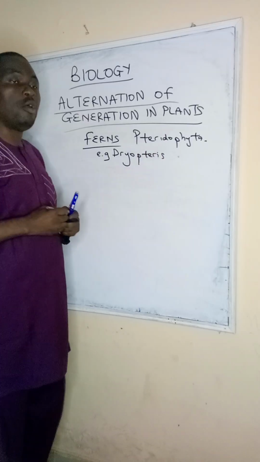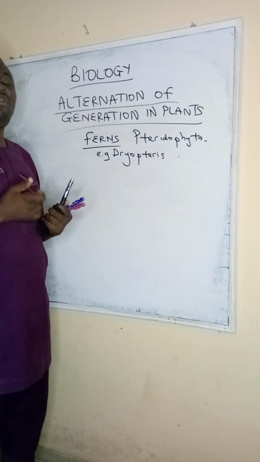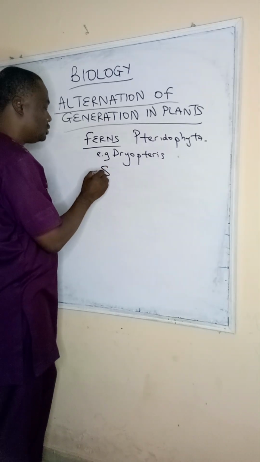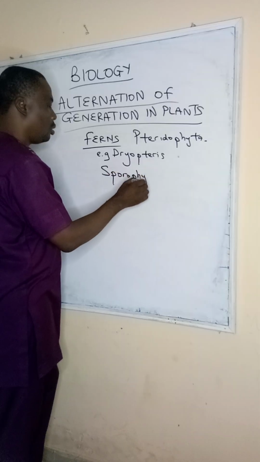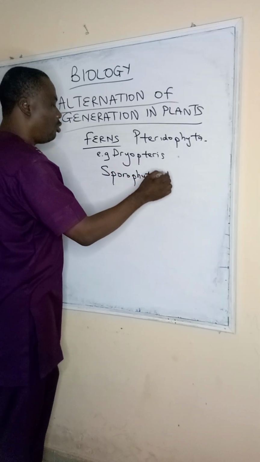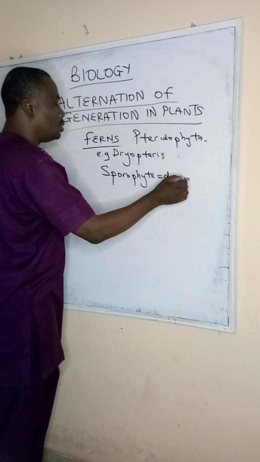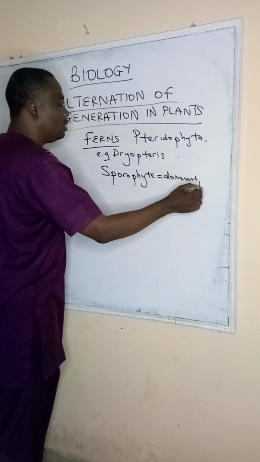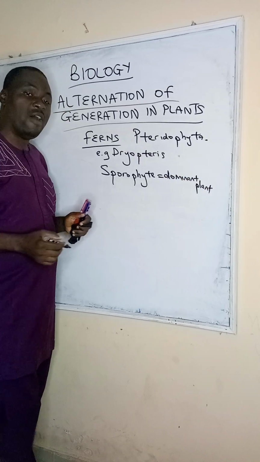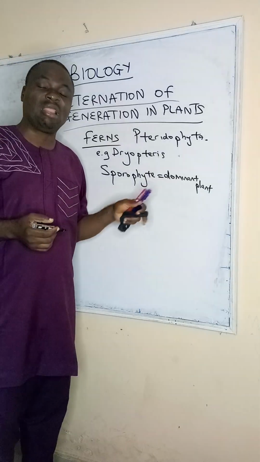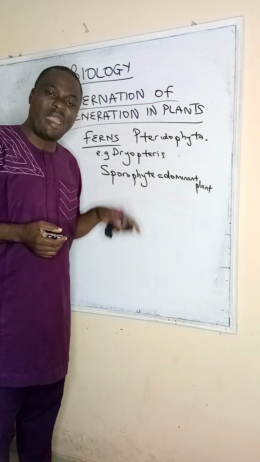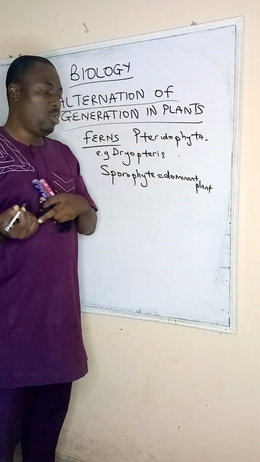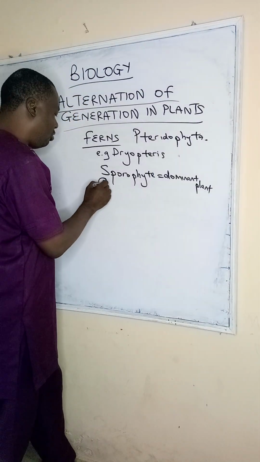In the case of ferns, the sporophyte is the dominant plant. However, the gametophyte is not attached to the sporophyte and not dependent on it. It lives on its own, separately.